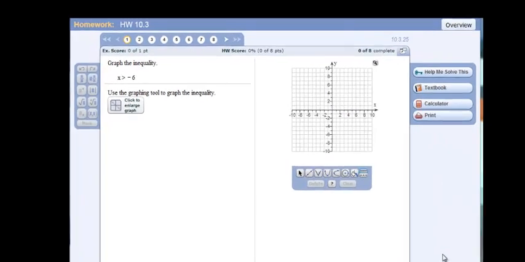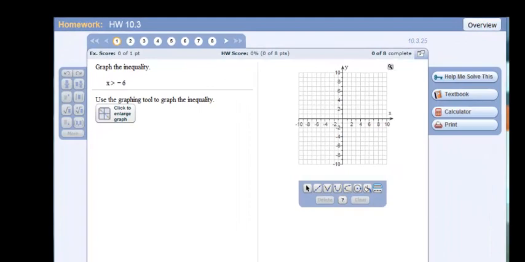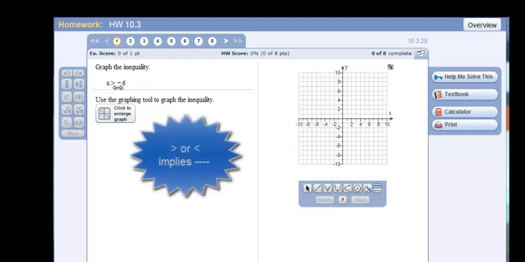So number 1 says graph the inequality x is greater than negative 6. So just based on the sign, we know it's going to be a dashed line.